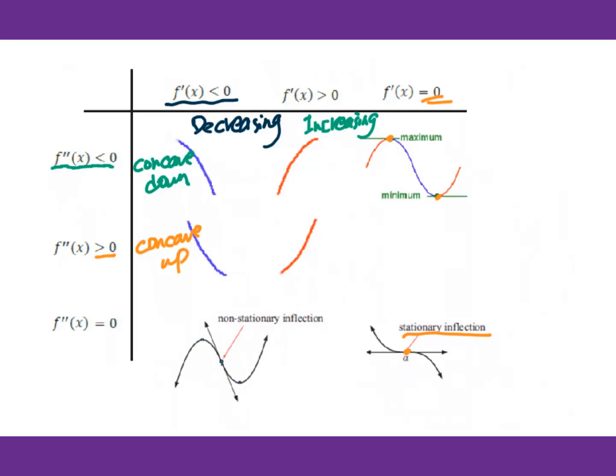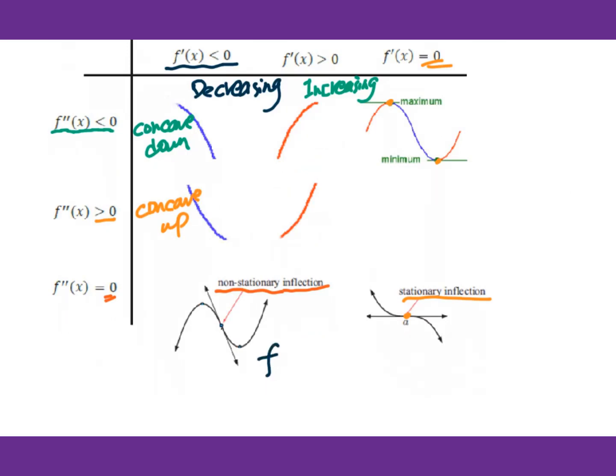When the second derivative of f of x equals 0, it's an inflection, either a non-stationary inflection or a stationary inflection. You have to make sure the sign diagram of the second derivative of f of x at x equals a goes either from positive to negative, or from negative to positive.